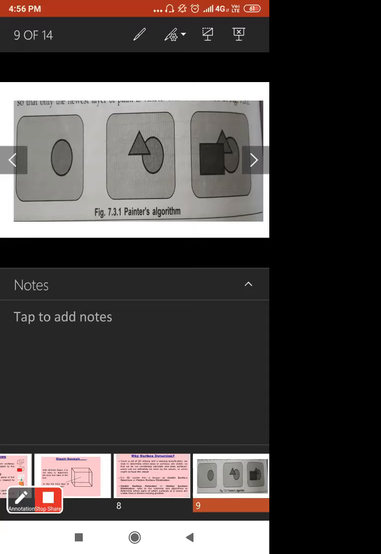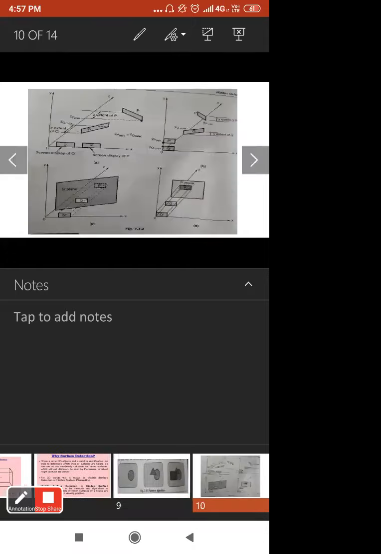So with this Painter's algorithm, what we actually do, if we have two objects, object P and object Q, is match their Z extents.